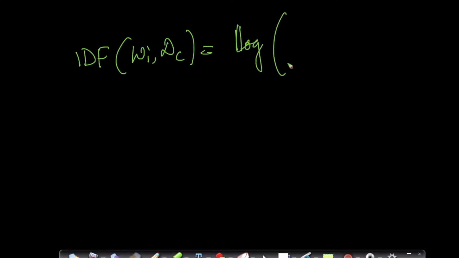Let's dissect IDF and understand it. IDF of WI in a document corpus DC is log of capital N by ni.